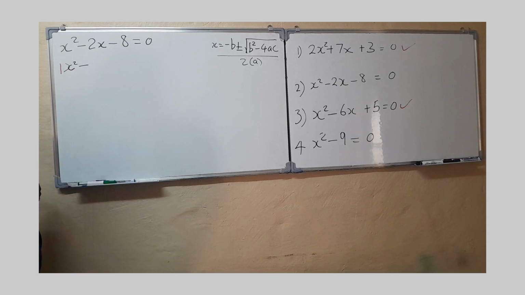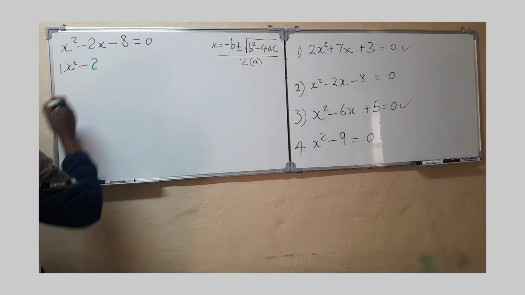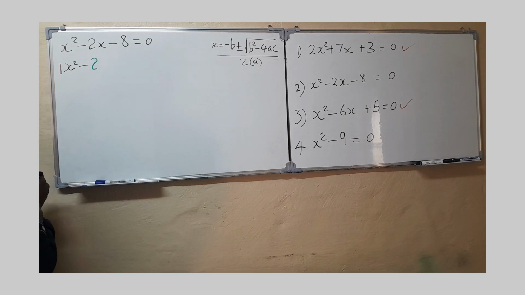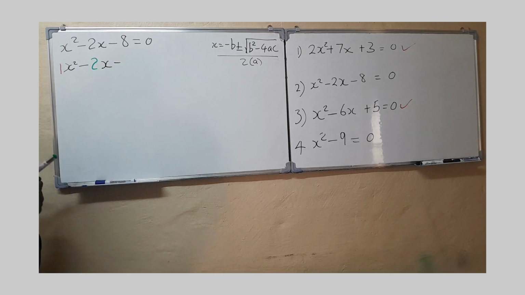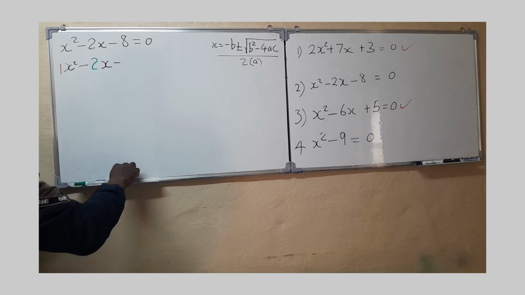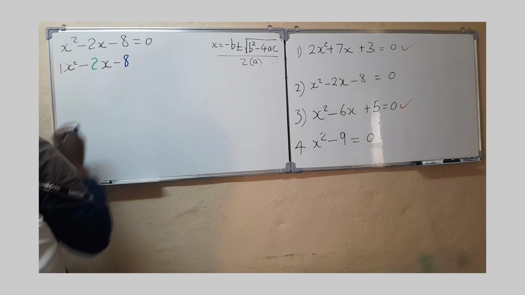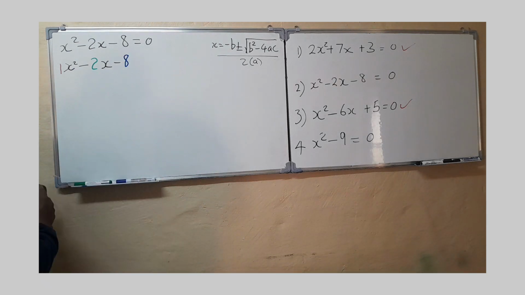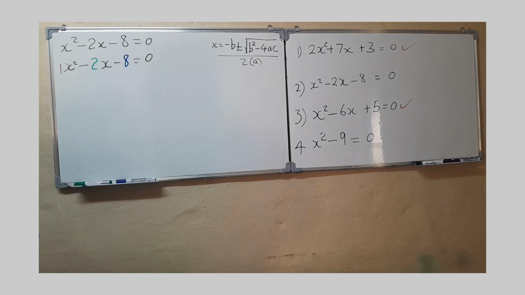Minus here, our 2 is supposed to be green. Our green x there is our green x. And of course, our blue 8. Sorry, our blue 8, here it is. And then this is, of course, equal to 0.